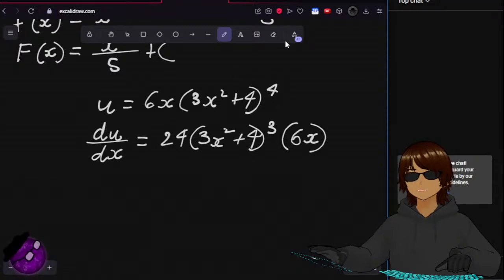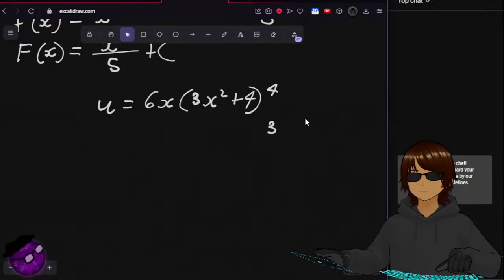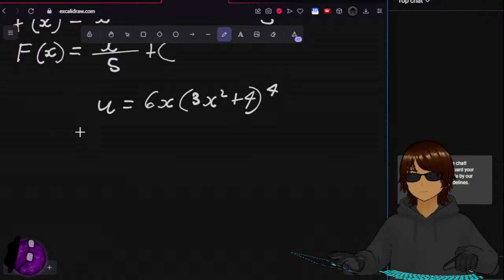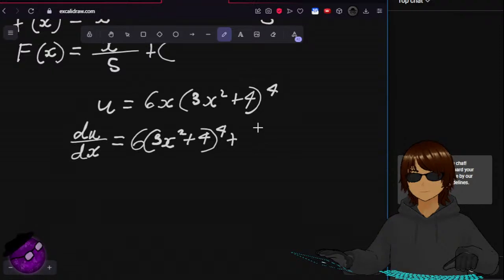Derivative, no, wait, sorry, it's wrong. Derivative of the first times the second plus the first times the derivative of the second.